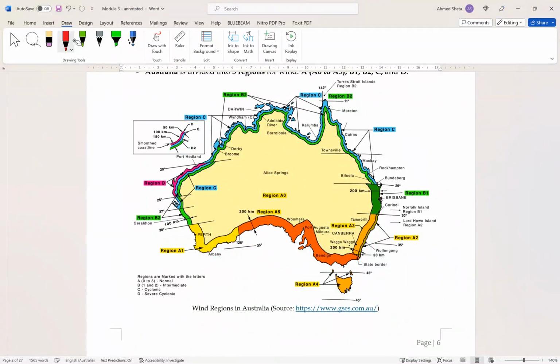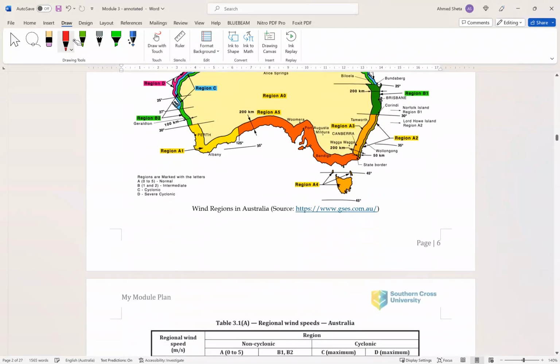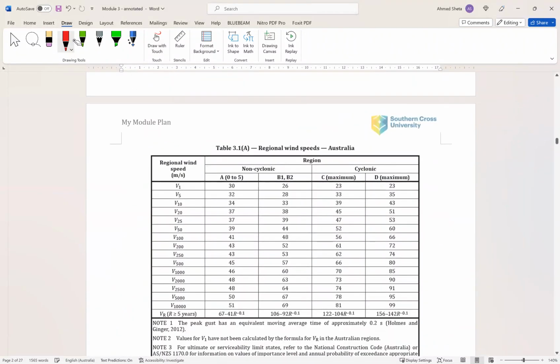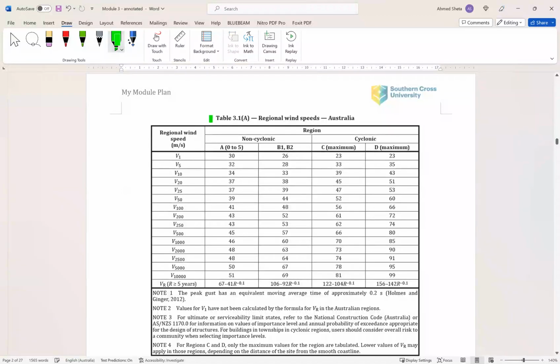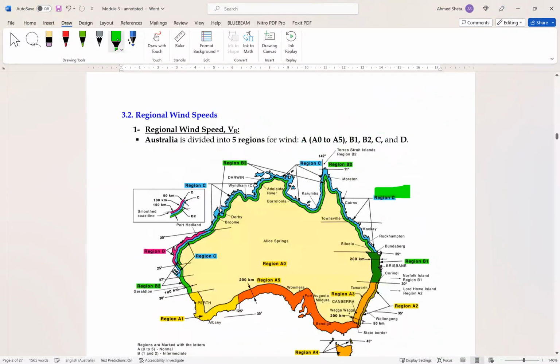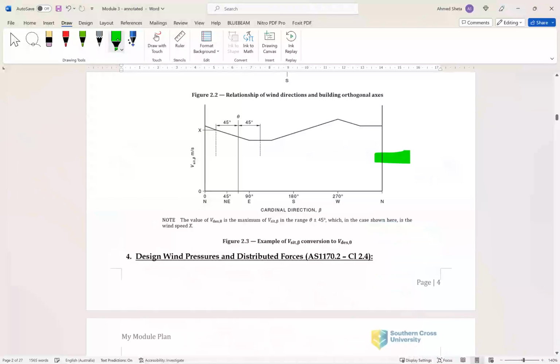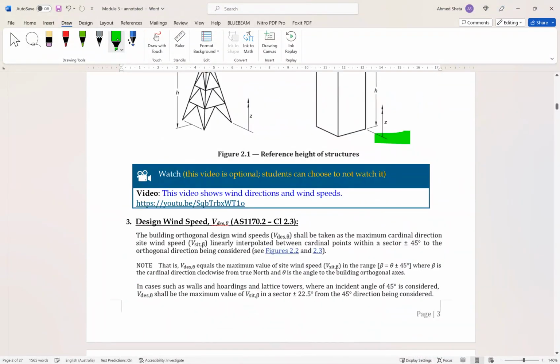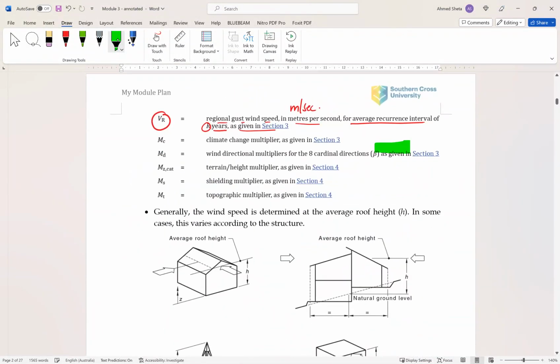This is the wind region in Australia that the wind speeds are given for, and you can find the regional wind speed in this table, table 3.1a, according to the region, non-cyclonic and cyclonic: A, B1, B2, C, and D. So this is all to calculate regional wind speed. Firstly, we will get VR from section 3.